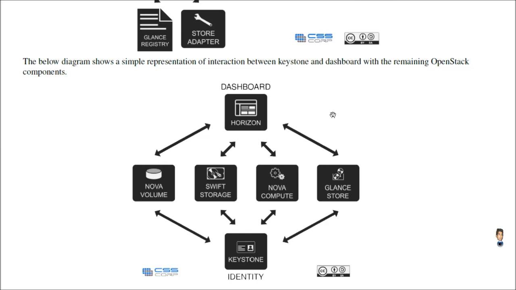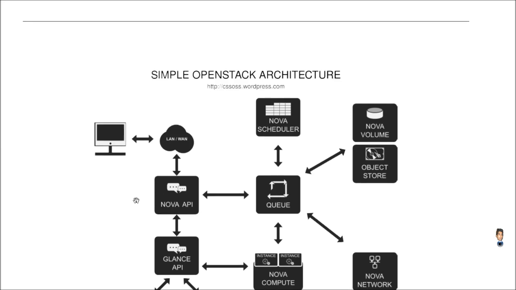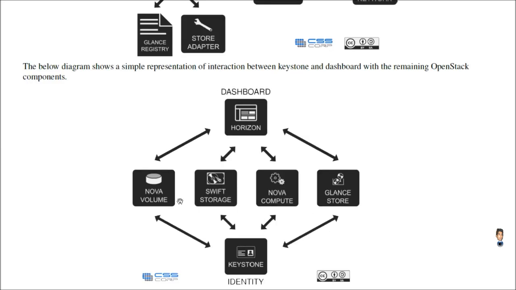The below diagram shows a simple representation of the interaction between the Keystone and the dashboard with the remaining OpenStack components. Here we see the Horizon and the Keystone interacting via the 4 components such as the Nova volume, Swift storage, Nova compute and Glance store.